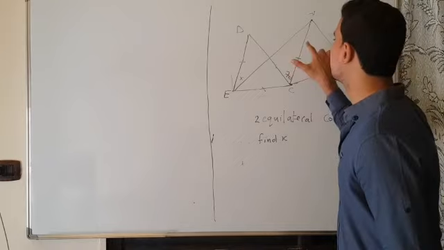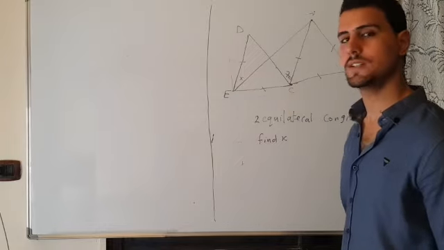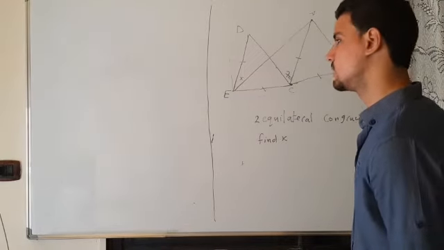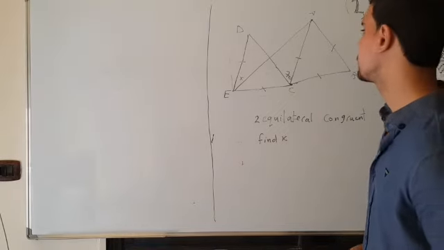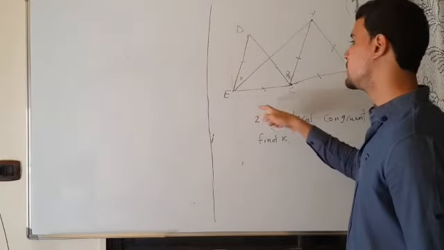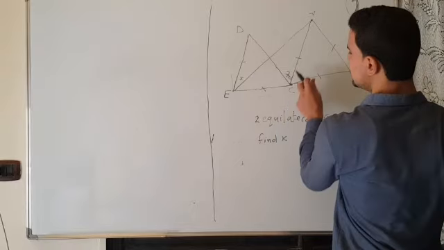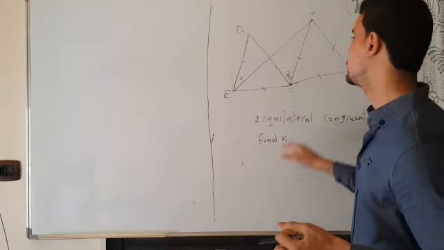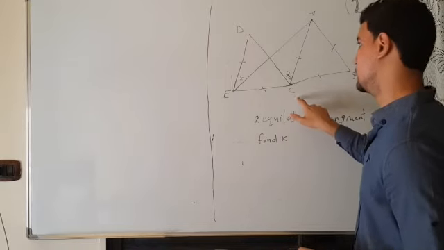That's right. The triangle ACE is an isosceles. Right? AC is equal to EC. So it's not a coincidence that they meet in C, is it? No, it's not.